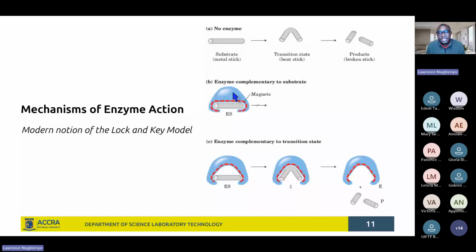Now, you take your mind back to when we were looking at the energy profile of both enzymatic and non-enzymatic reactions. We took a look at the energy profile of chemical reactions such that we had substrate at a certain energy level.